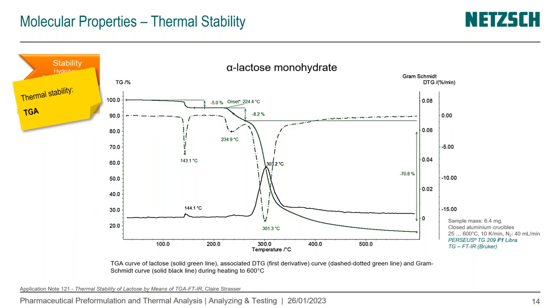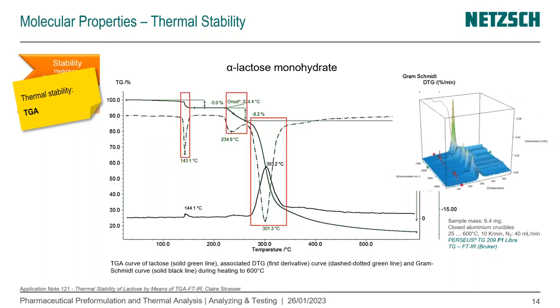But with the help of the gas analyzer, with the FTIR, we collect the spectrum of the material that was evolved, and the software creates this 3D cube with all the spectra. We can decide on the temperature of interest.